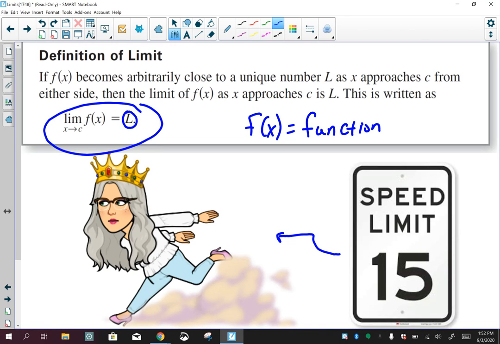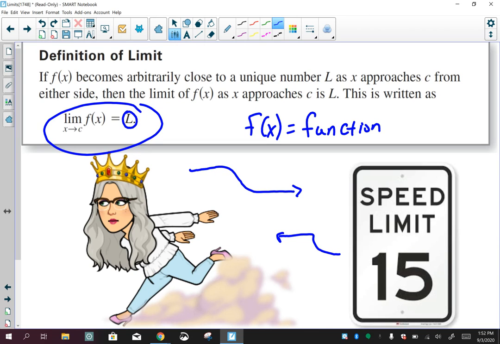But I can come up to that limit, reach 15 miles an hour, and be done. But that's assuming that I'm going to start off at 0 and go forward up to 15 miles an hour. The other way I could do it is I'm driving 65 miles an hour and I get to a school zone and it slows me down to 15 miles an hour.